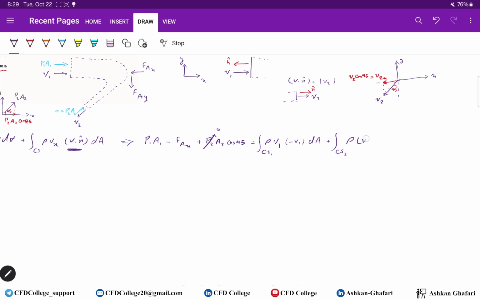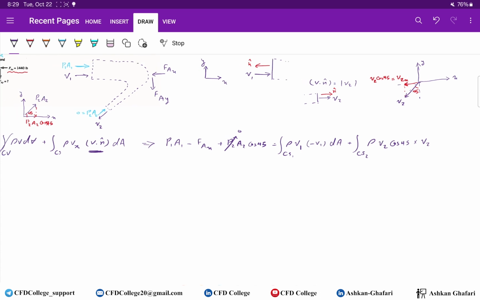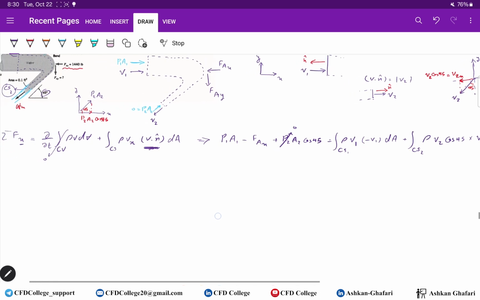So rho V2 cosine of 45 times V dot n for the outlet is the magnitude of V2. There is no need to decompose V2 and find the component in x direction for this dot product. dA.